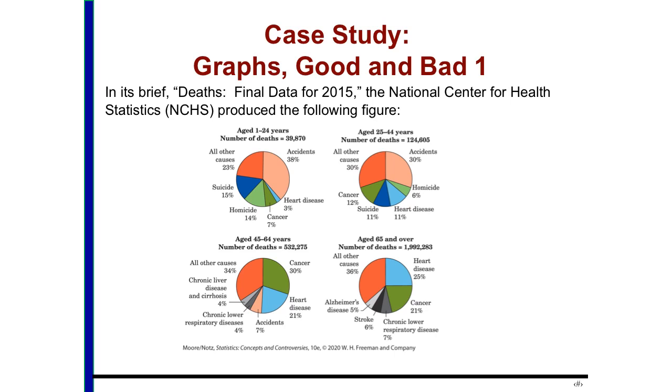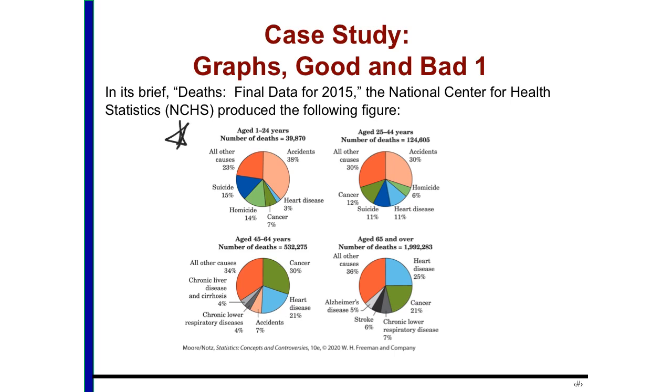So in this example, we talked about this in class a little bit, but graphs are helpful for displaying information in a nice, pretty visual way for readers to see. And we talked about this first pie chart there.